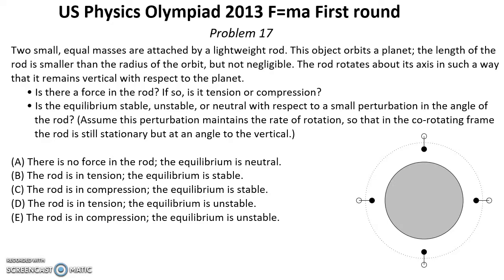In this frame, the outer mass experiences an outward radial force and the inward tension of the rod, and the inner mass experiences an inward radial force and the outward tension of the rod. When the rod is rotated slightly, these forces create a restoring torque, so the equilibrium is stable, and the correct answer is B.